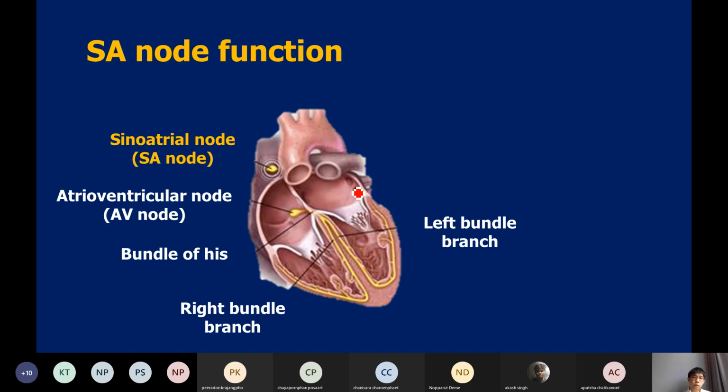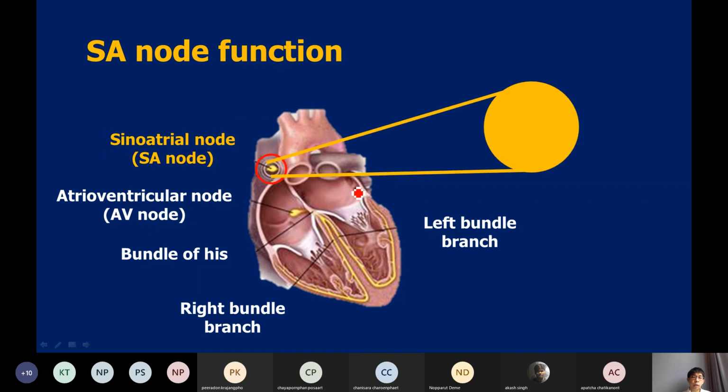Now we are going to look into the SA node. The SA node is located in the right atrium, at the junction between the superior vena cava and the right atrium. In the SA node anatomy, there are two areas. The first one, in red, is the impulse generator, and the second one is the paranodal area.